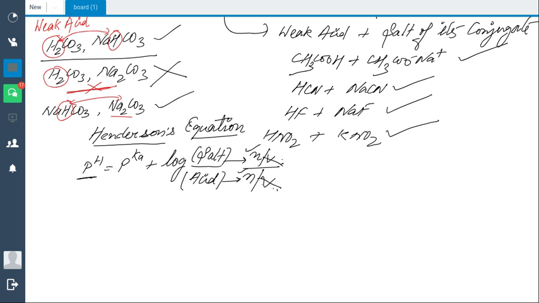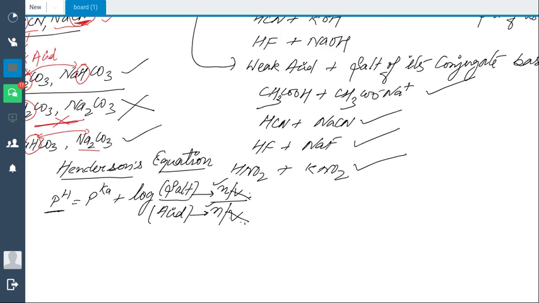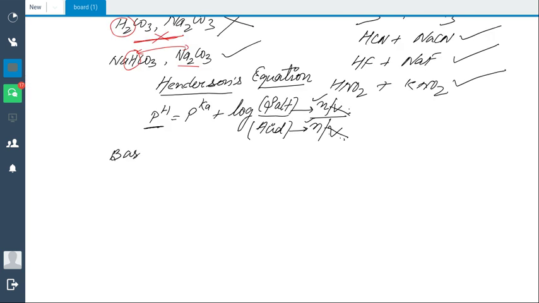Now let us go ahead. Let me give you certain examples of a basic buffer also. Here you will say by mixing, can you tell me?